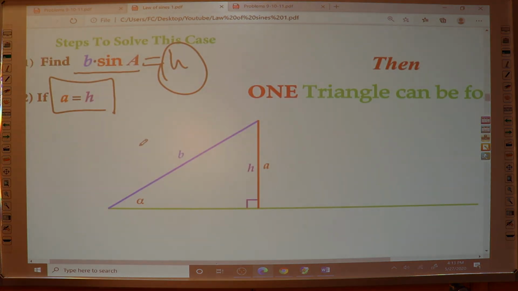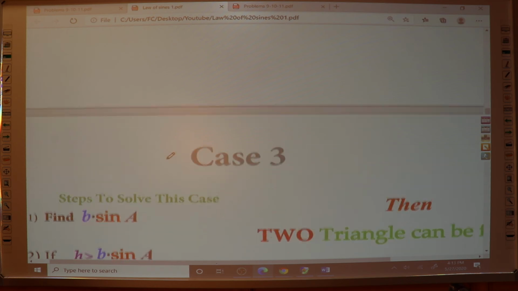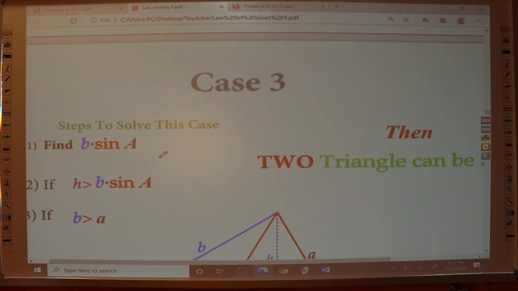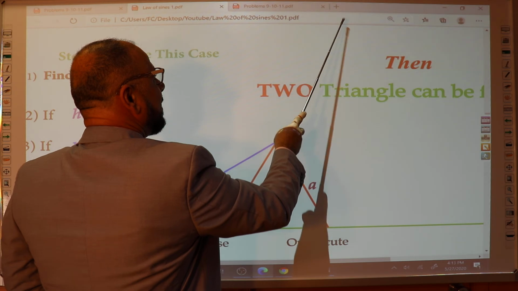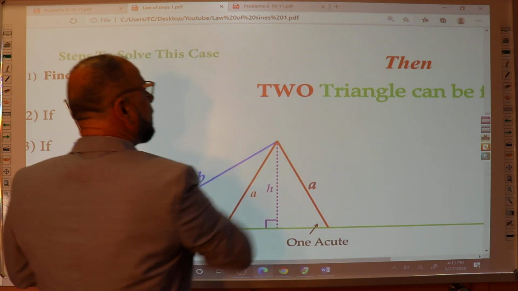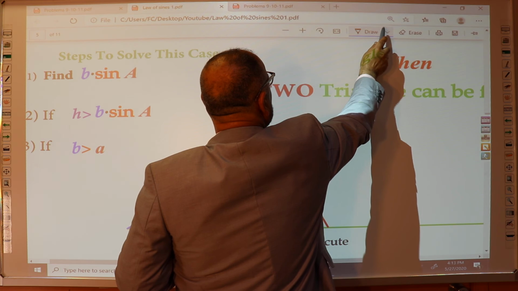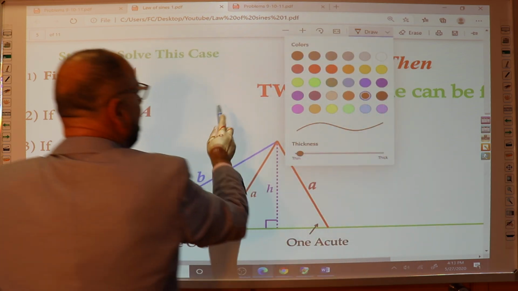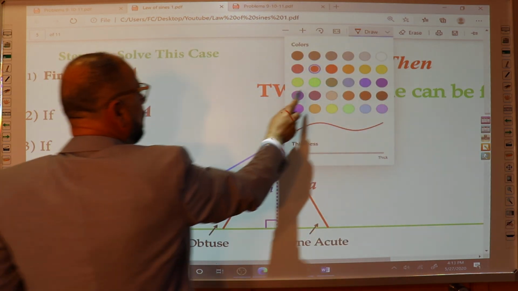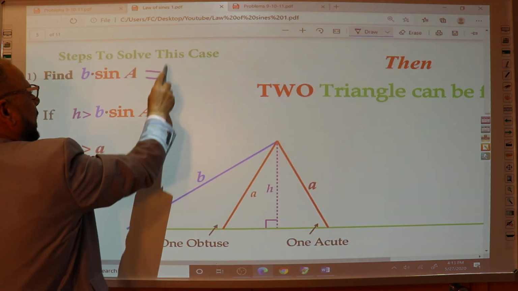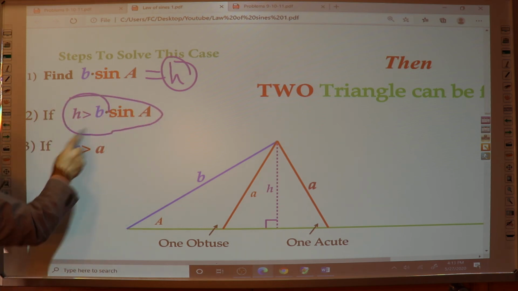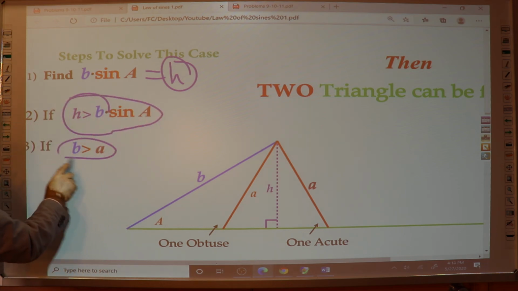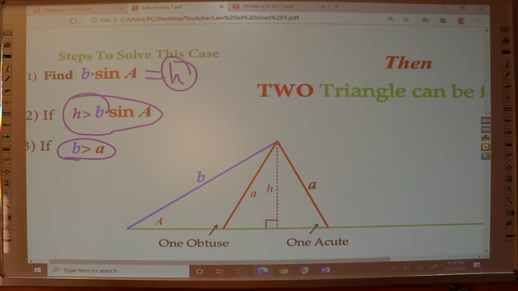Look here. Third case. The same, we're going to find B sine A, which is the H. If H is less than A, and B is greater than A, look here.